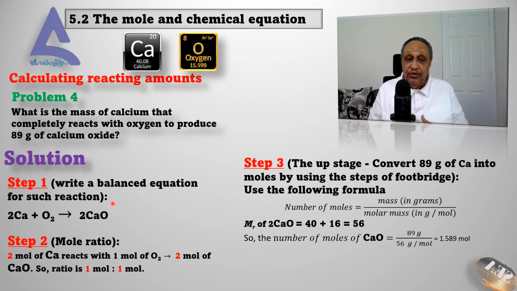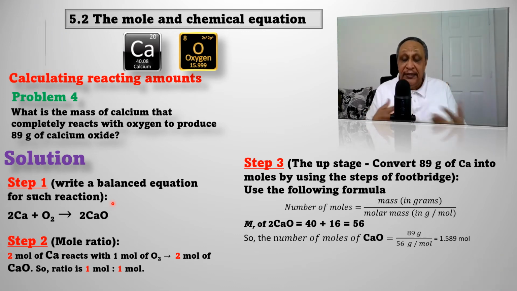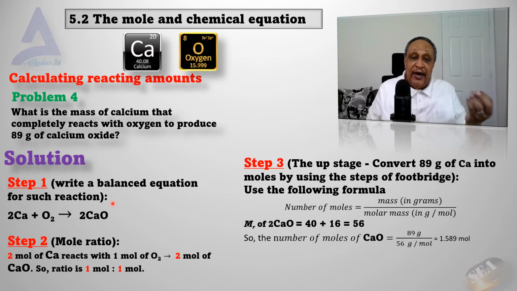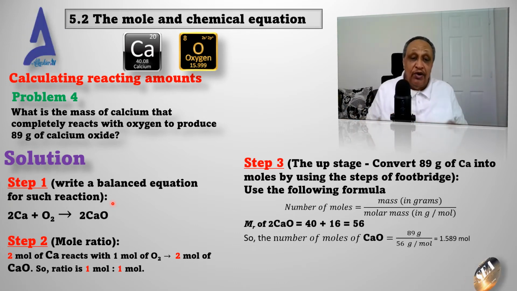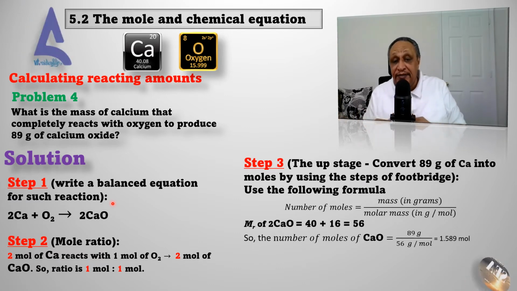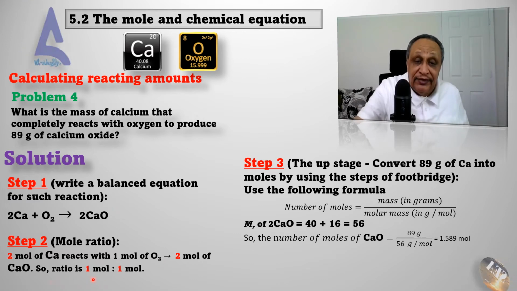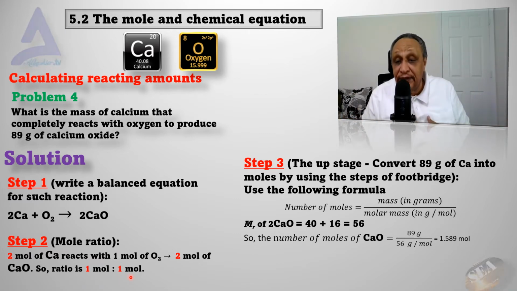Step 2 is to work out the mole ratio between the reactants and the product. Okay, so I have 2 moles of calcium reacting with 1 mole of oxygen, producing 2 moles of calcium oxide. And since I'm not interested in oxygen, I'm going to exclude the oxygen here. And the ratio is going to be 2 to 2 or 1 to 1. Both are the same thing because they are going to cancel each other.